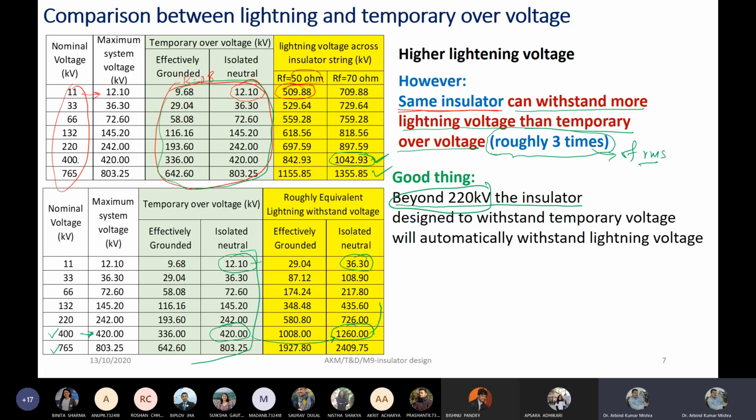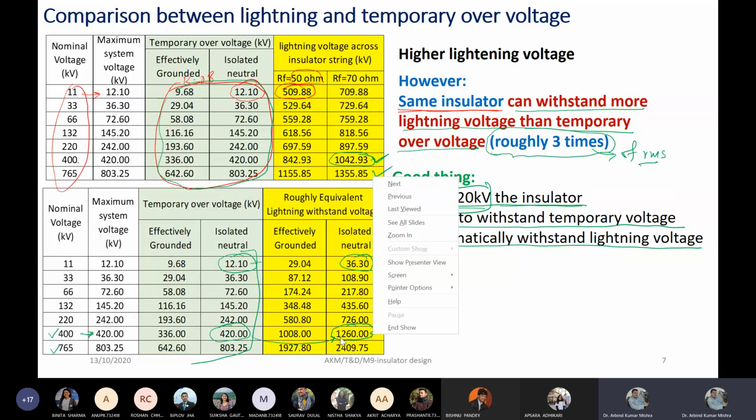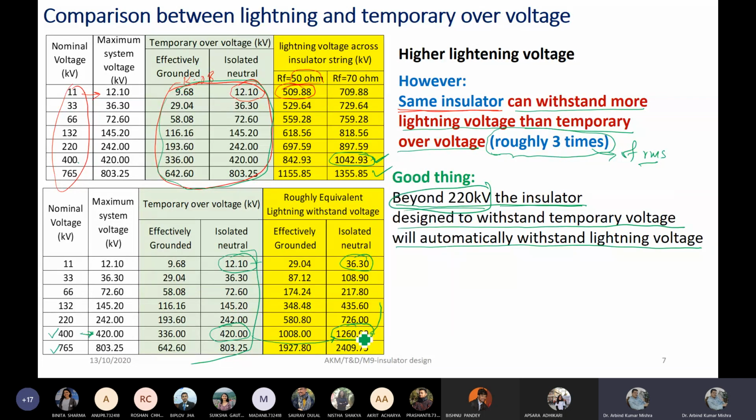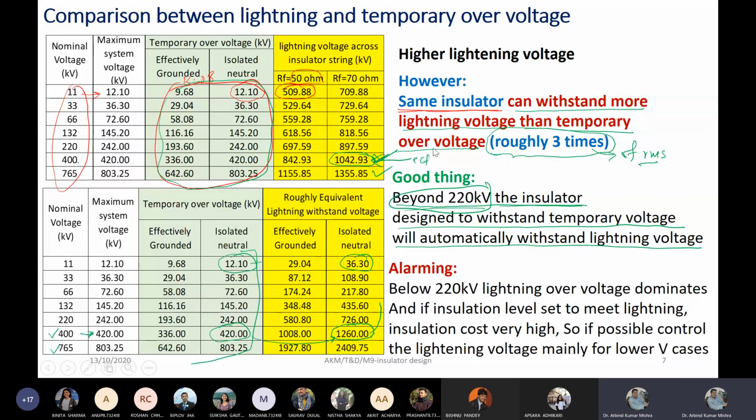So we do not have to go for any other special provision. Beyond 220 kilovolt, the insulator designed to withstand temporary overvoltage will automatically withstand lightning voltage, because the equivalent lightning withstand voltage for 400 kV is greater than the actual. This is the actual.